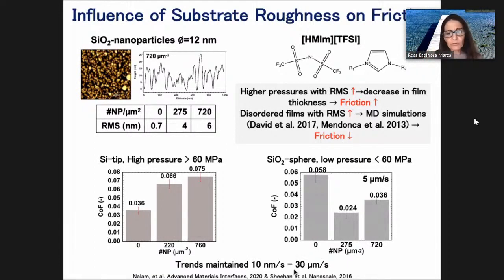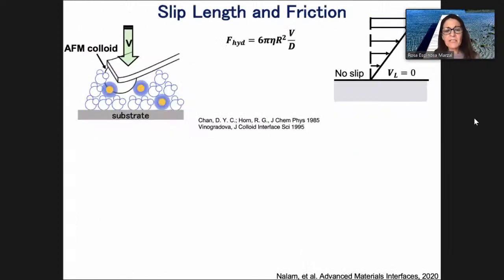But to consolidate these results a little bit more, we perform independent measurements by colloidal probe AFM, and these are hydrodynamic force measurements. Here we approach a sphere rapidly against the rough substrates in the ionic liquid.